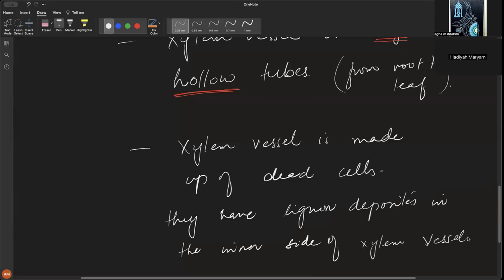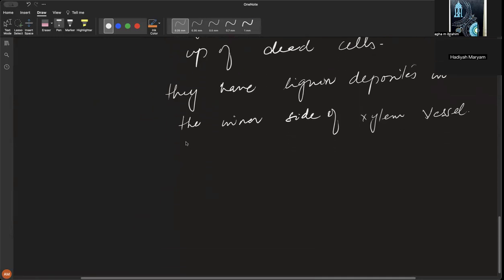So in other words, we can say that xylem has lignified walls.